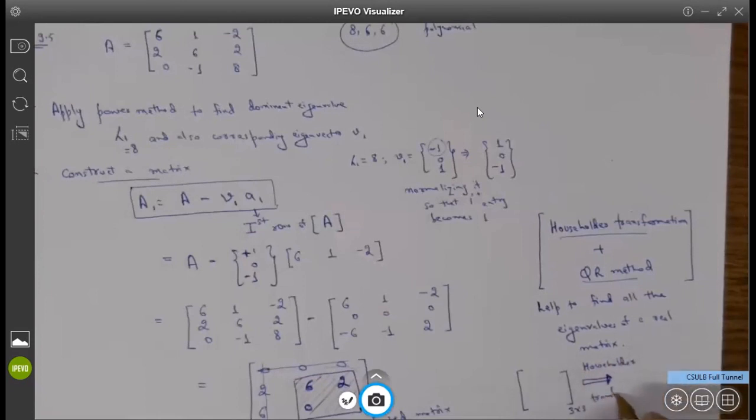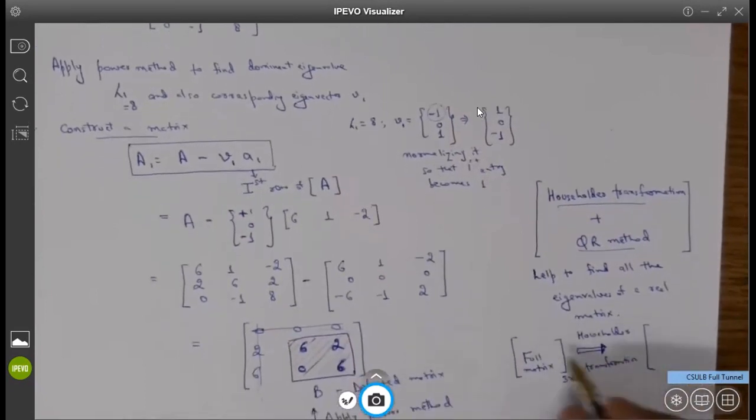it converts that matrix, a full matrix. Full matrix basically means you have elements all along, elements all over the space. So you can have non-zero elements over here and all across the matrix.